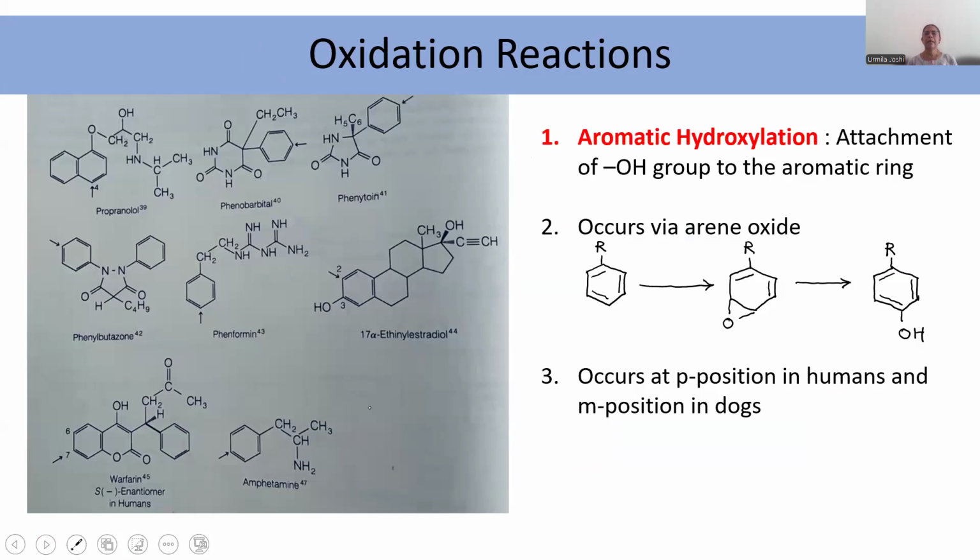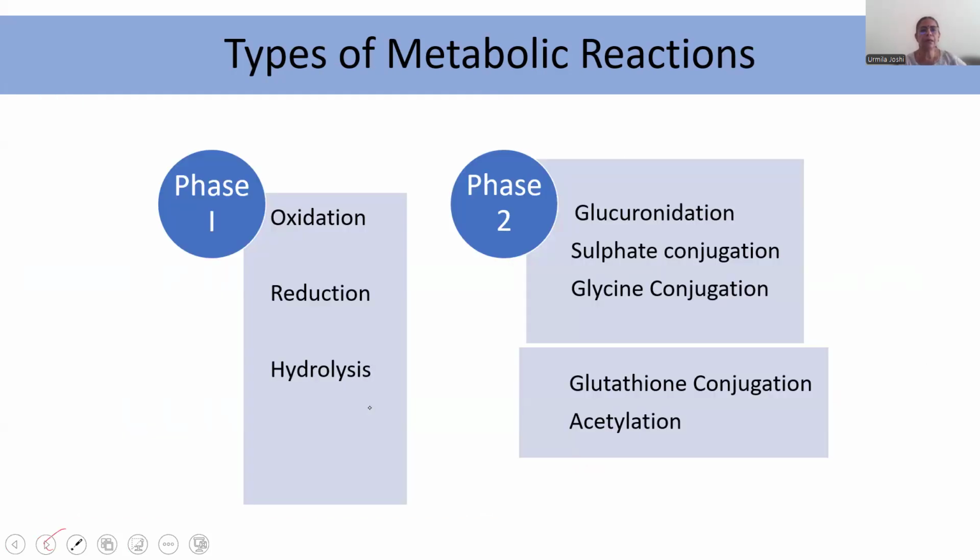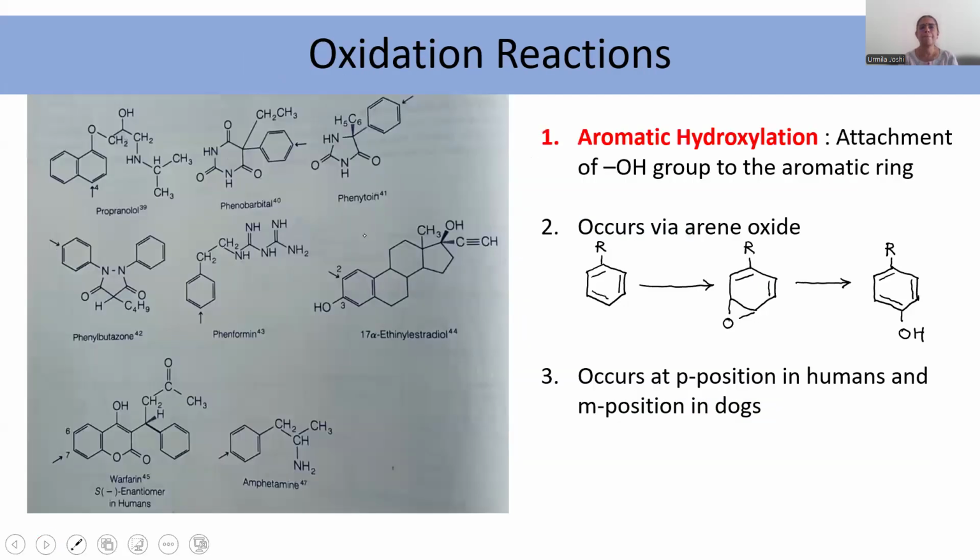As I mentioned earlier, there are oxidation reactions, reduction reactions, and hydrolysis reactions. Let us start with the oxidation reactions because these form the major chunk of phase 1 reactions.